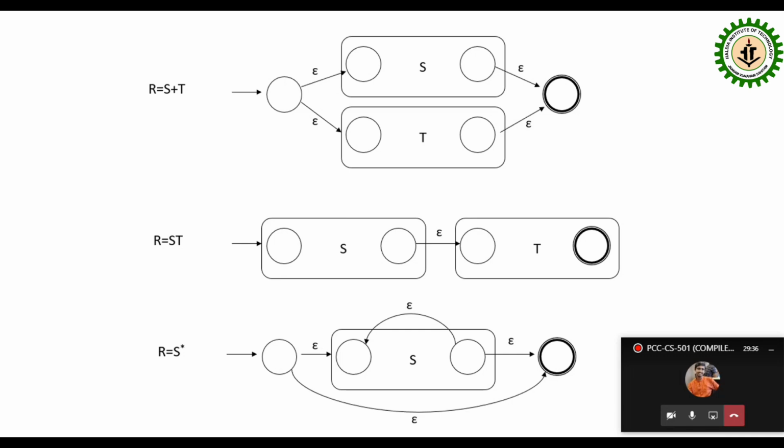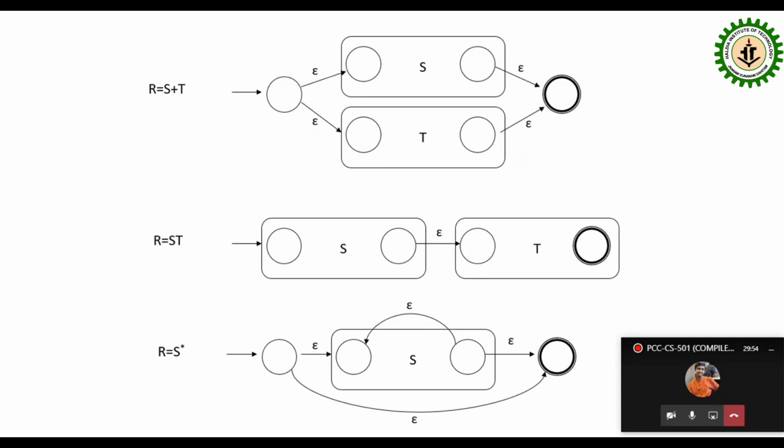That means S union T. So S plus T, or S or T, you have to find out by using that procedure. You already know this from the class when I discussed automata.